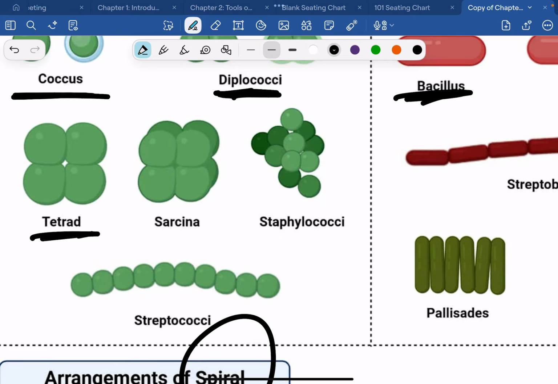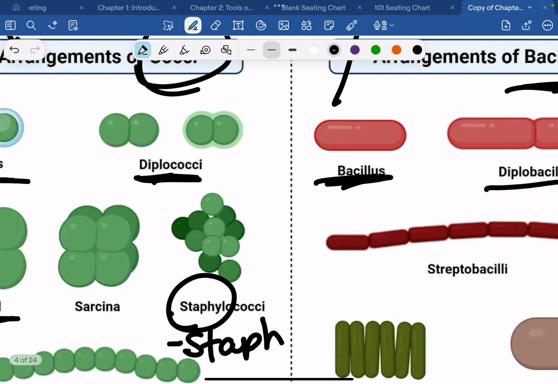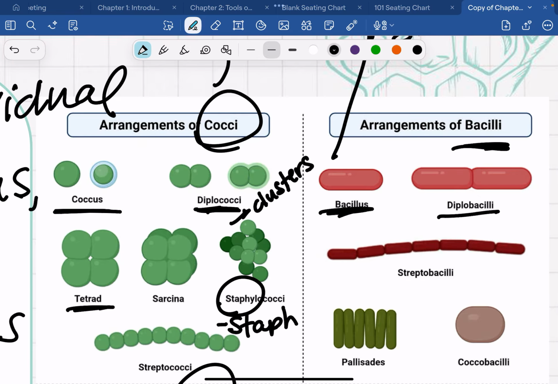Another type of arrangement is this staph arrangement. We call it a staph arrangement, and it's basically grape-like clusters. Okay, so it's just when the bacteria cluster together like bunches of grapes. So staphylococcus are circular, cocci-shaped bacteria that are all stuck together like little grapes.